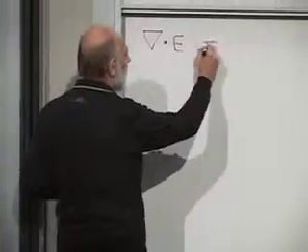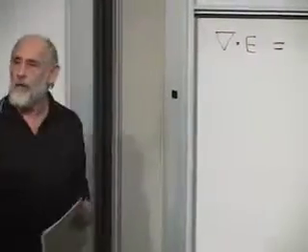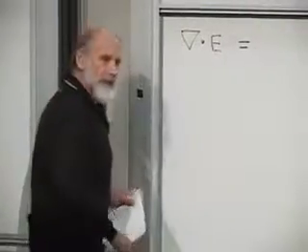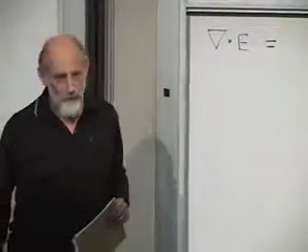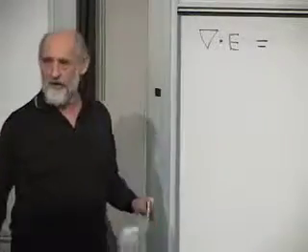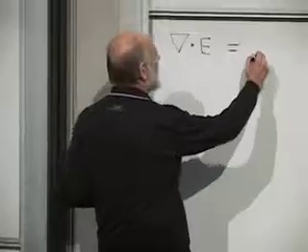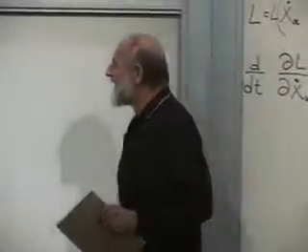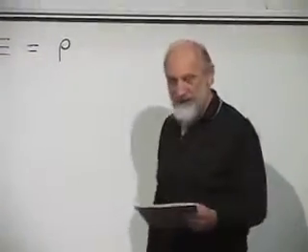That's equal to rho, the charge density. In some people's version, there's a 4 pi in there. In mine, there is no 4 pi. Anyway, del dot E is equal to rho.